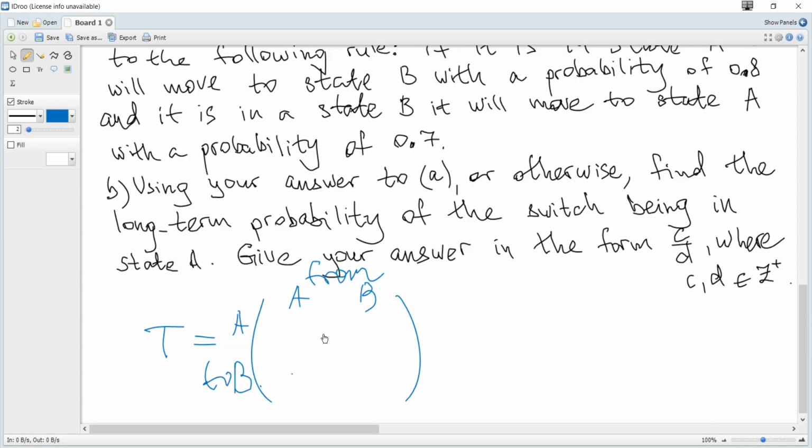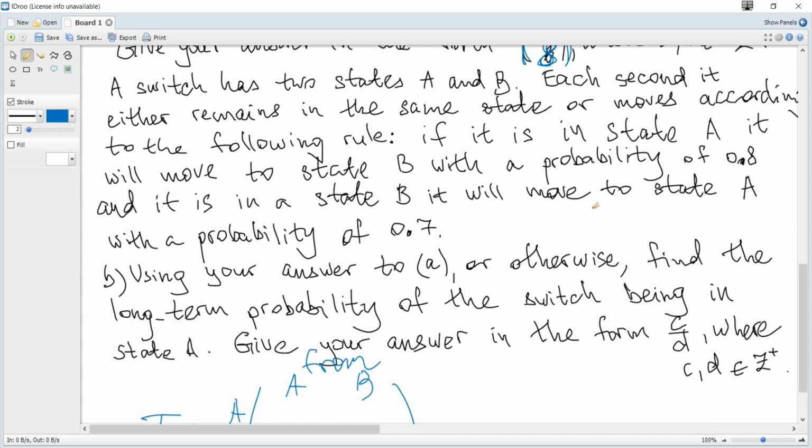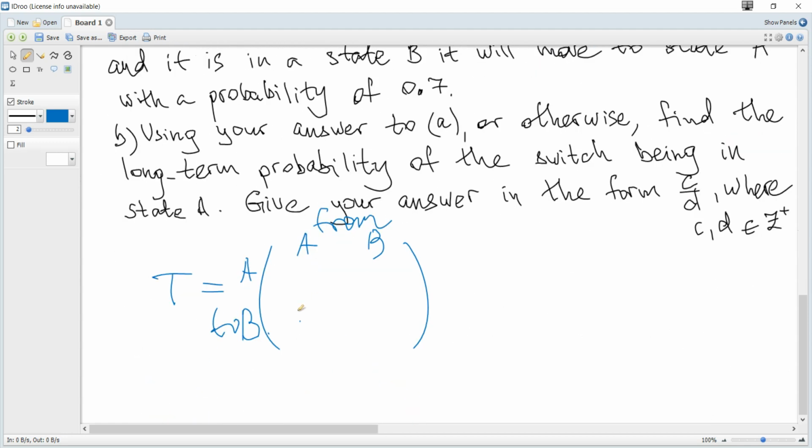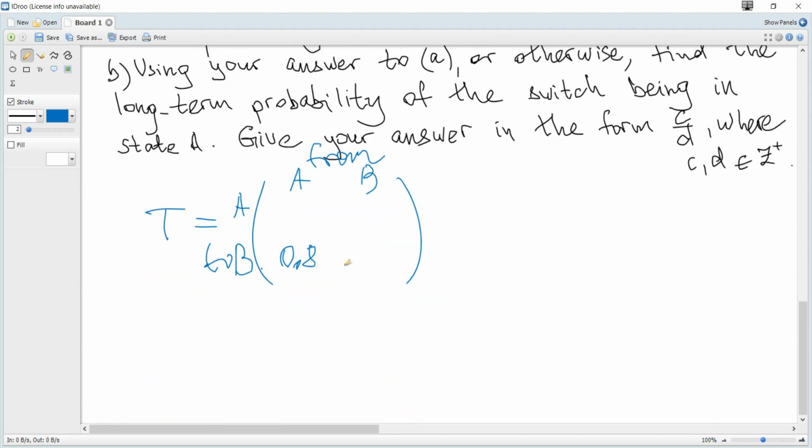If we are in state A now, we deal with probabilities. It is given that if we are in A now, we will move to B with probability 0.8. So this entry is 0.8. But the sum of all our probabilities is always 1, so the sum of each column is 1 because total probability is 1, so we can find this entry 0.2.